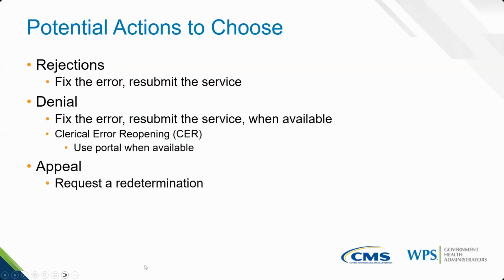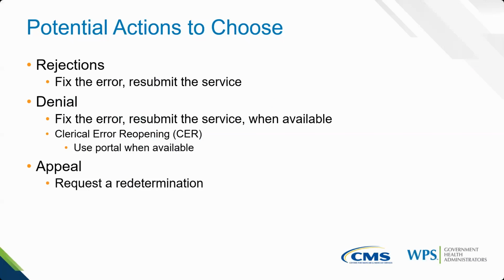Now, after reviewing your remittance advice, you will need to choose your action. For an unprocessable or rejected claim, you're going to need to fix that error and resubmit the claim to Medicare. If the claim or the claim line denied, there could be multiple actions to choose from. You might be able to simply resubmit the service.